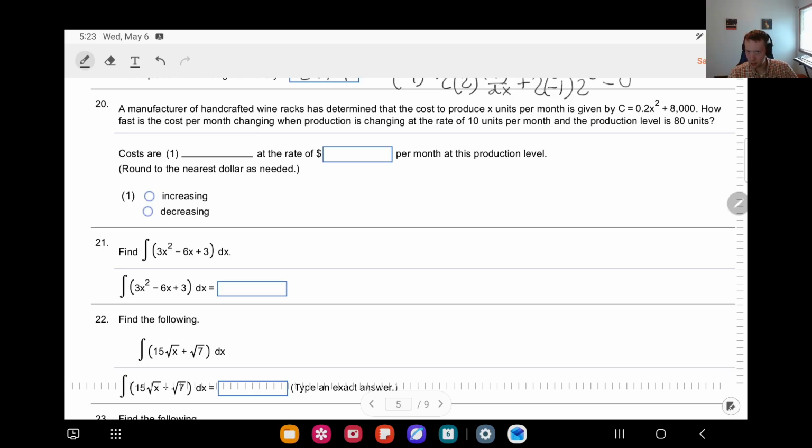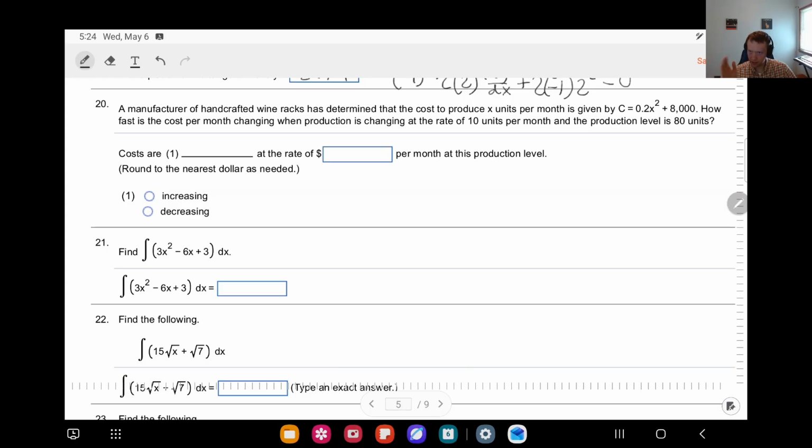So that's a rate, right? How fast? That's a rate. So some sort of derivative with respect to time. How fast is the cost per month changing when production, that's x, is changing at a rate of 10 units per month and the production level is 80 units?